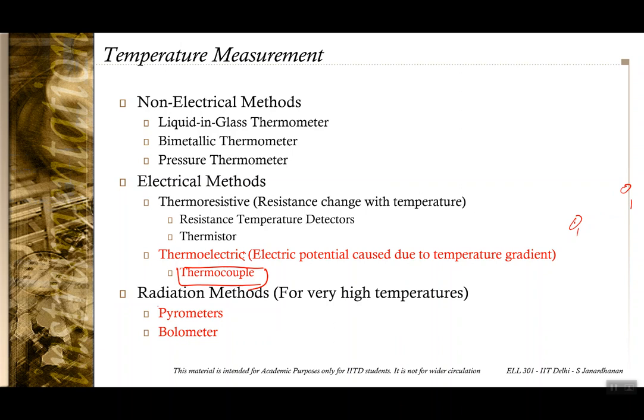We also look at radiation methods, which can be used for very high temperatures, where the emitted radiation is analyzed from a really hot body and the temperature is estimated. So we look at pyrometers and bolometers, which are two such devices.